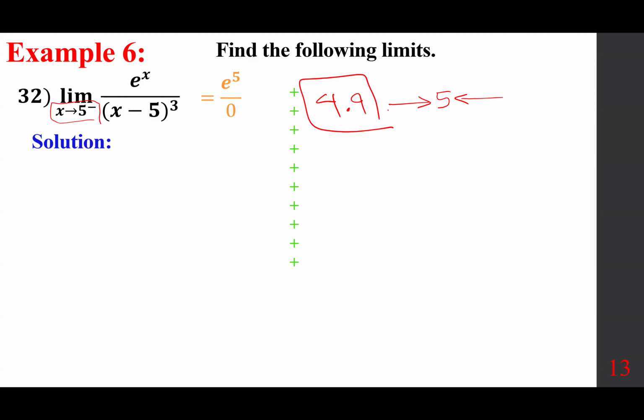That's what we want. So 4.9 minus 5 is -0.1. We are interested in the sign. So we're going to write e to the power of 5 over 0 from the left, cubed.